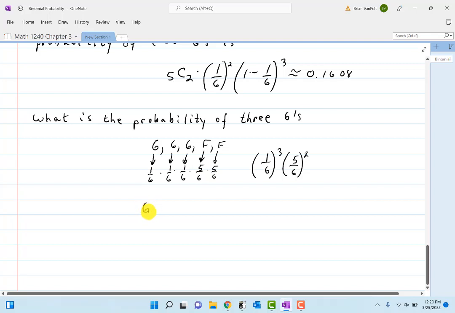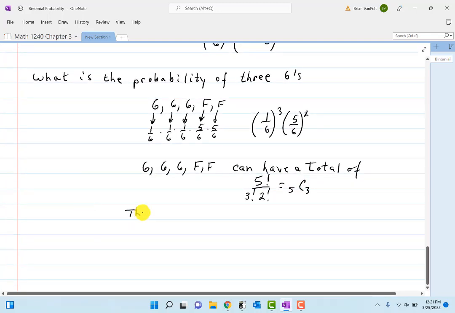Additionally, if we look at this possible arrangement of numbers and letters, this can have a total of 5 factorial, because there's 5 objects here. 1, 2, 3, 4, 5. However, the 6 occurs 3 times and the F occurs twice. And if you recall, this is equal to 5C3.